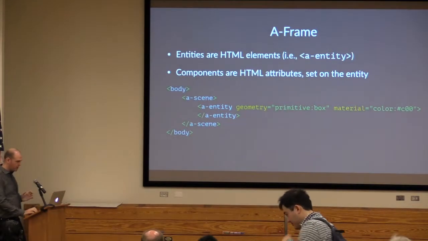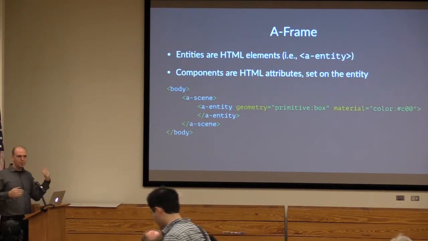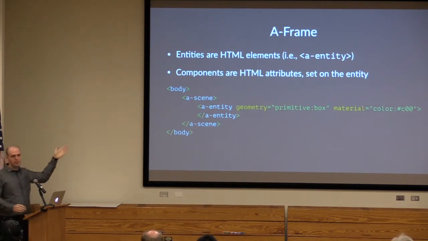From a structure, A-frame is very similar to HTML. It's an HTML logic. So you have the body, inside of the body tag, the a-scene. A-scene is the environment that you're creating. And inside of the environment, you have entities, objects, like in this case, you have a box, and that is red.